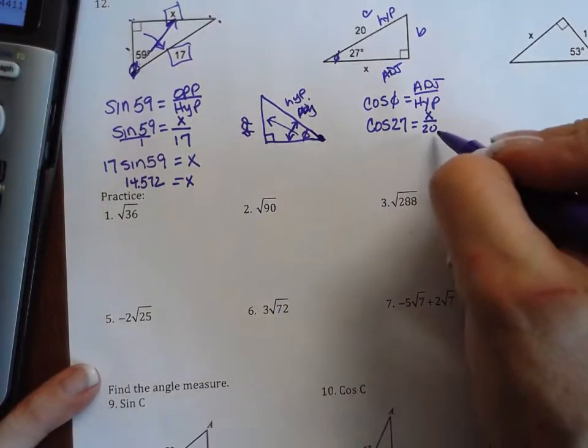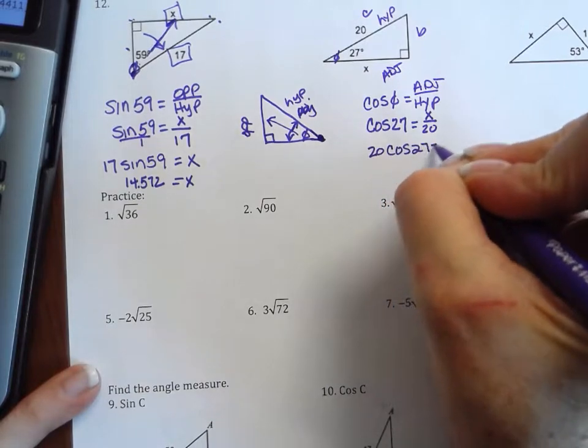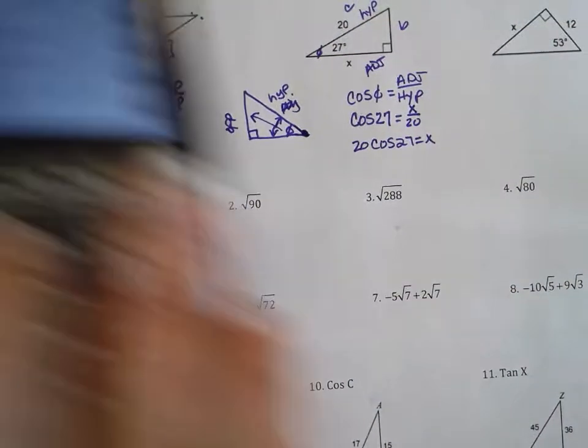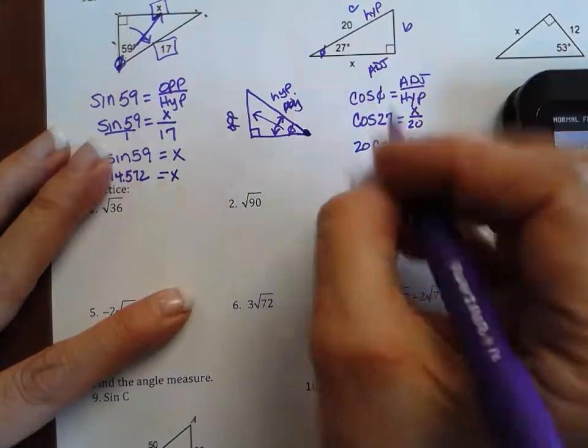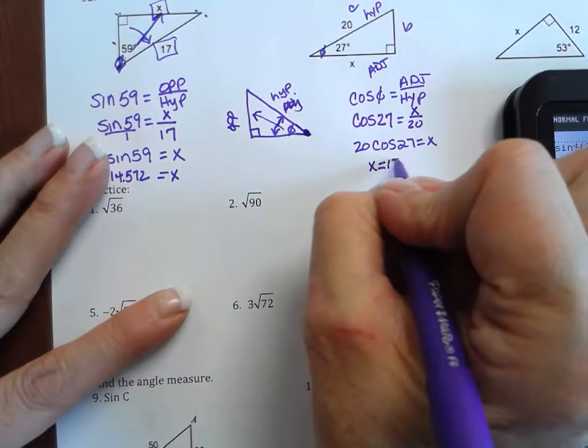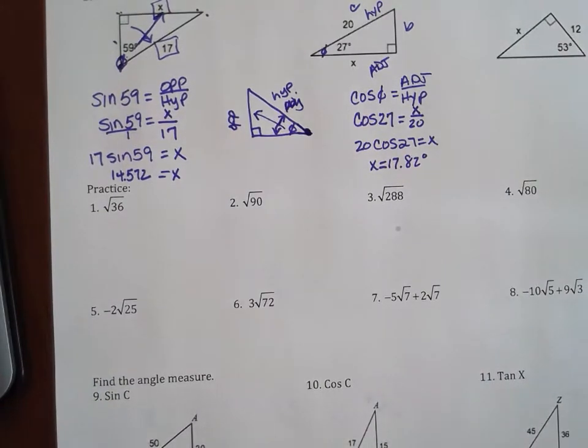Now cross multiply. So 20 cosine 27, and I get 17.82. How do you know when to stop? It'll tell you. Otherwise, 2 digits is good.